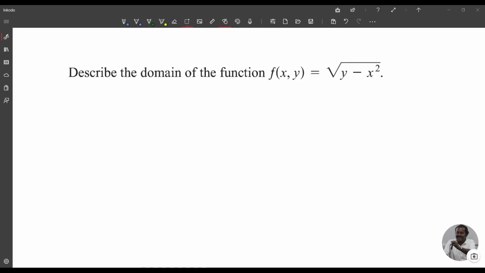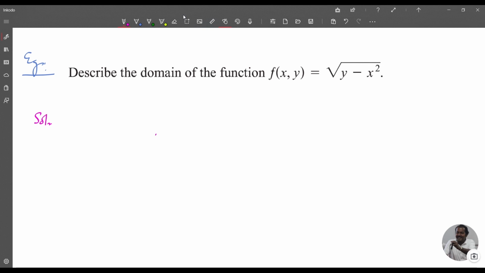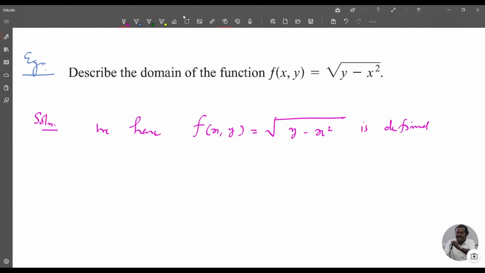We do some examples. This is the first example. Describe the domain of the function f(x, y) = √(y − x²). Solution. We have f(x, y) = √(y − x²), which is defined if y − x² ≥ 0.